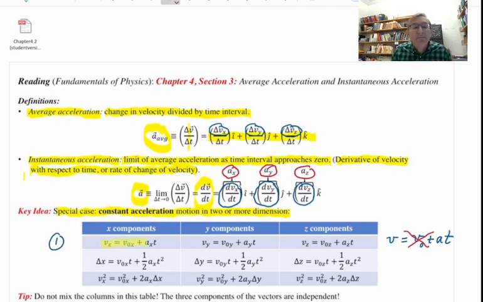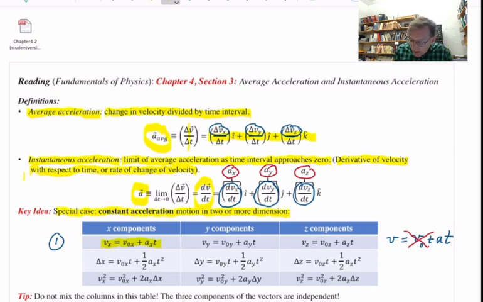I just highlighted it. V sub x equals v initial x component plus a sub x times t. So that says you have to work totally with x components only for that equation. The final x velocity equals the initial x velocity plus the constant x acceleration times t.